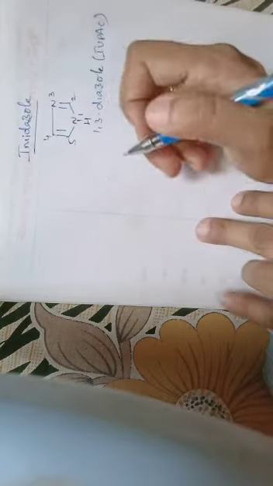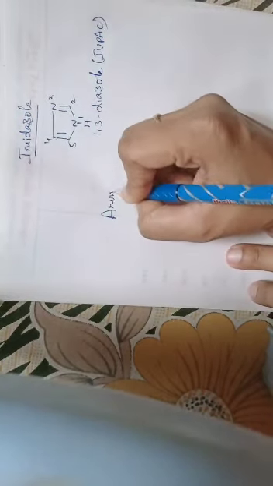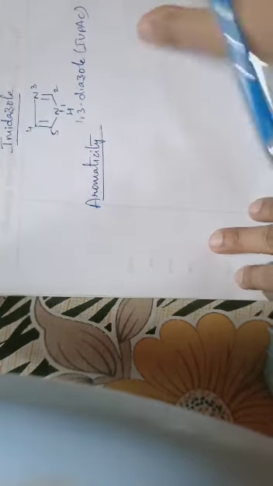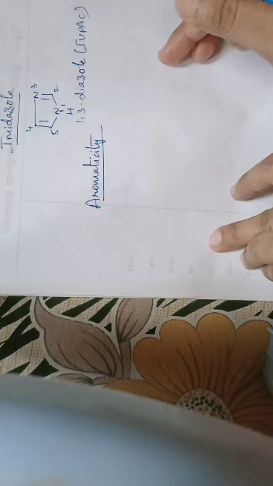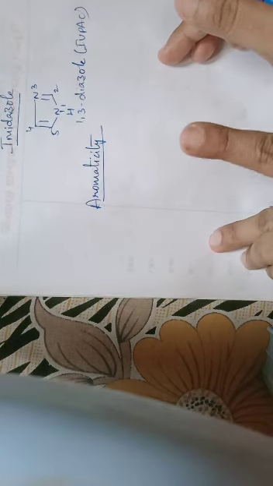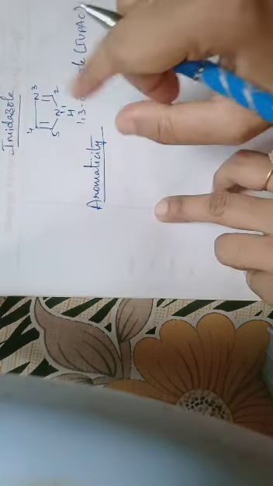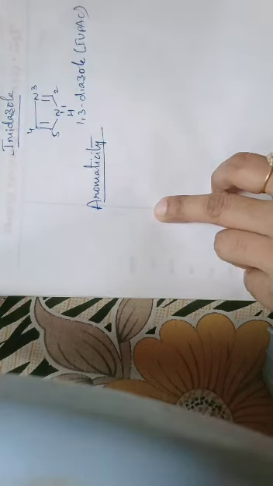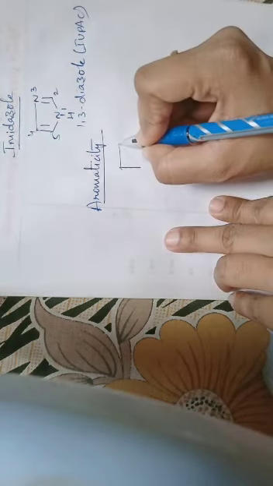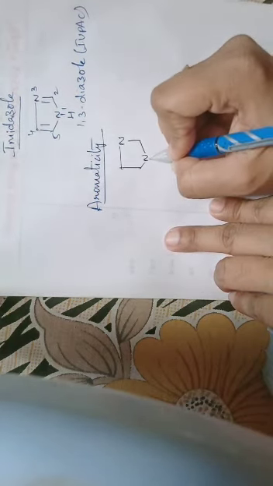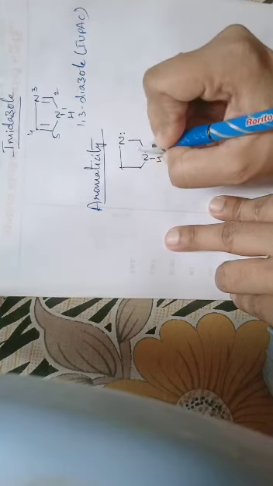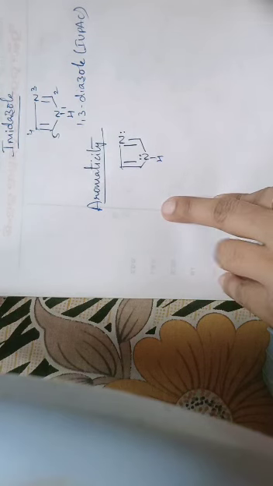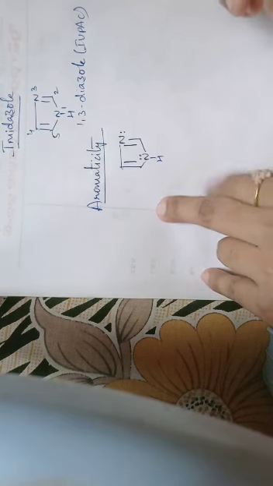So let's go to the aromaticity. The aromaticity is exactly the same as that of pyrazole. If the aromaticity of pyrazole is clear to you, then this is also very easy. So here also, when I'm keeping the lone pairs, you have to understand clearly by these lone pair positions.